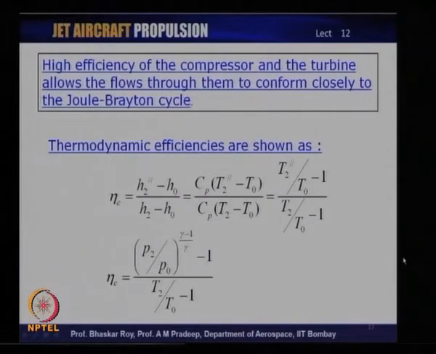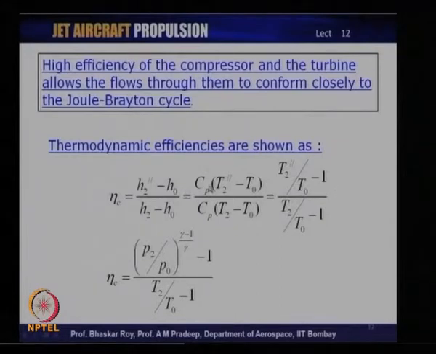of compressors. Now, what is shown here is the efficiency of compressor in terms of the work done. This is the ideal work done, this is the real work done, and work at station 0, this is work at station 2, and the numerator is the ideal work and denominator is the real work done, and the ratio of the two is the efficiency, which we have called isentropic efficiency.